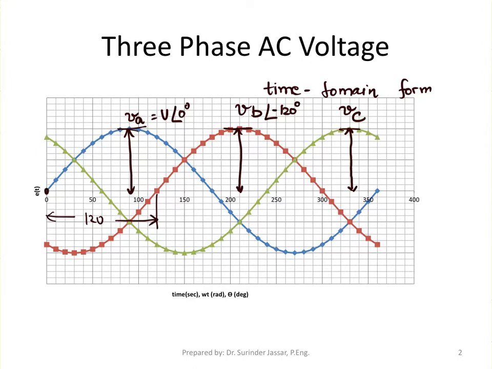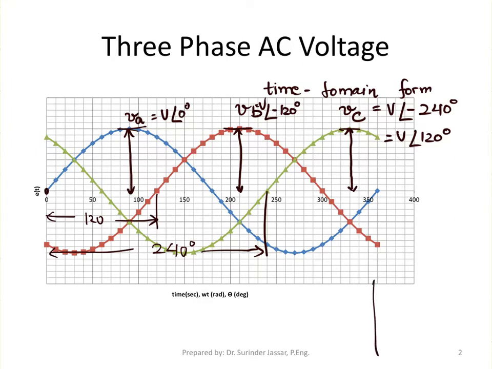With respect to C, where's the zero crossing for C? Here. You can see that it is 240 degrees lagging behind, and that's the same thing as a positive 120.